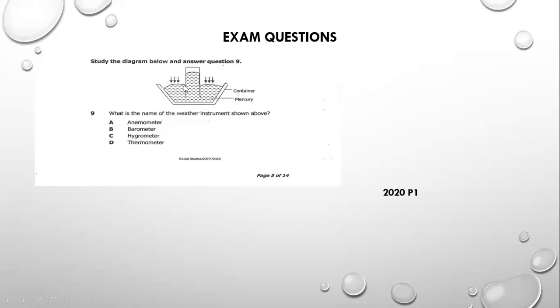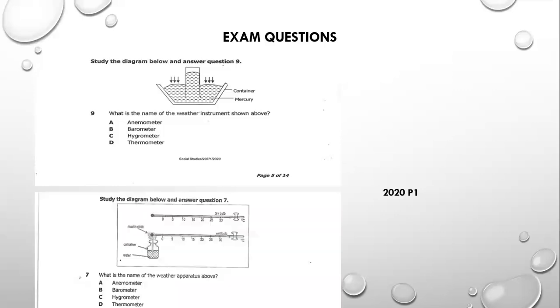So this is a mercury barometer. A hygrometer has a wet bulb thermometer and a dry bulb thermometer. Remember that. An anemometer has circular cups, 3 or 4. So always remember that. So the answer here is B, which is barometer.